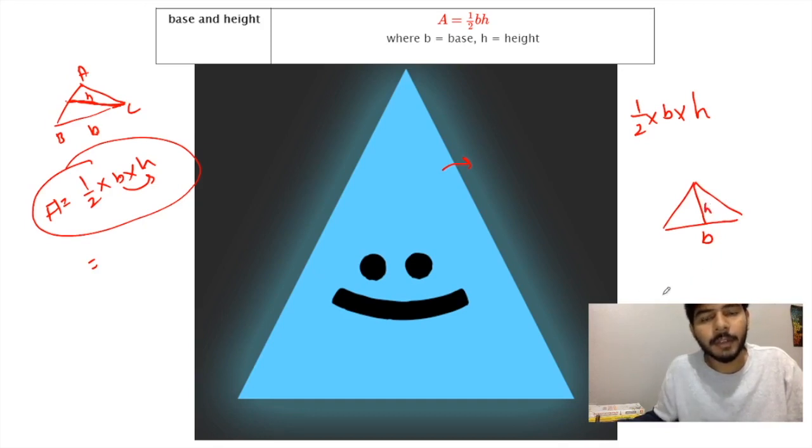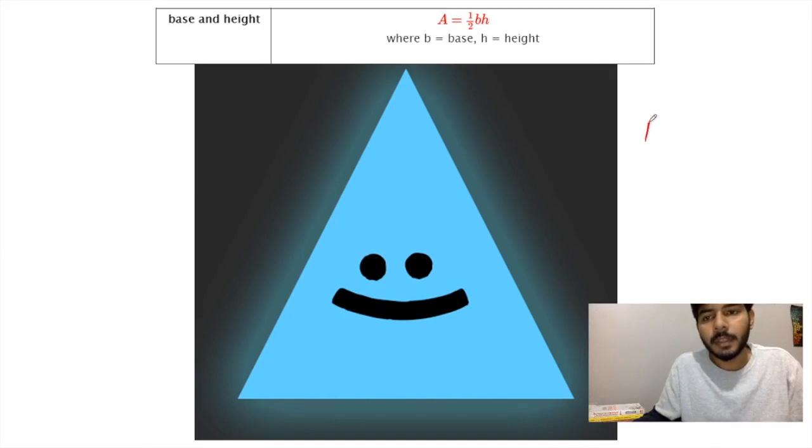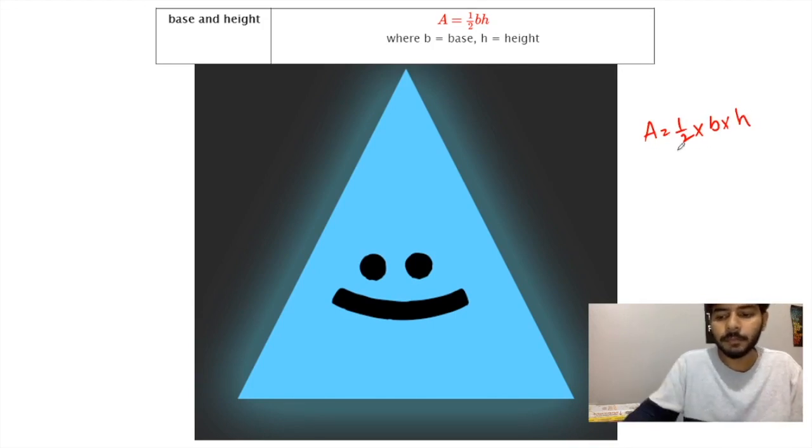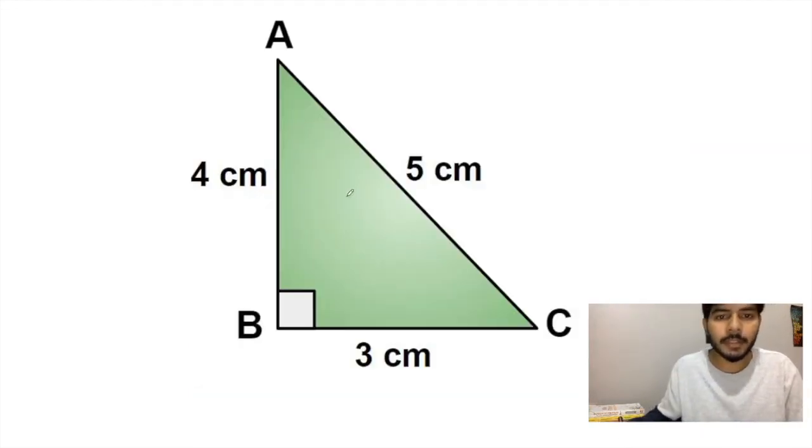Then you will find the area of a triangle. What is the takeaway from this topic? That is, area is equal to 1/2 base into corresponding height. Remember this.